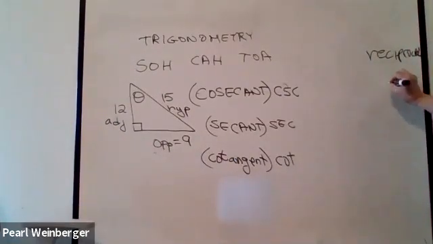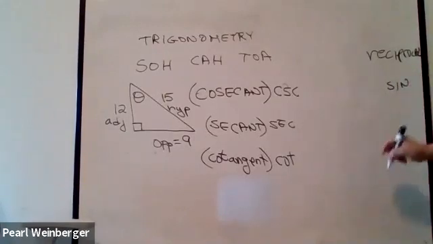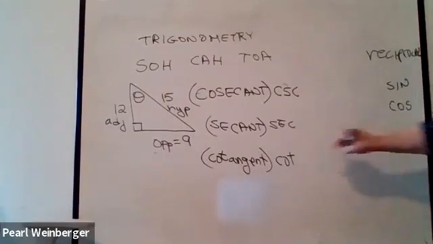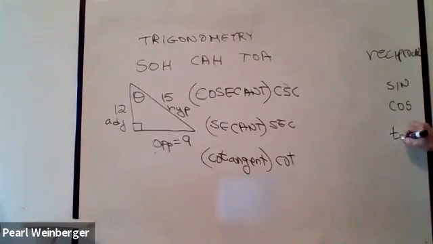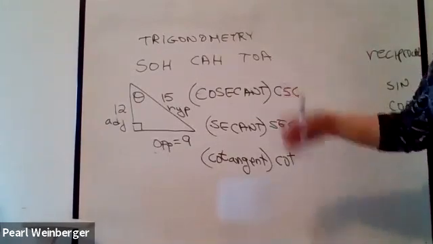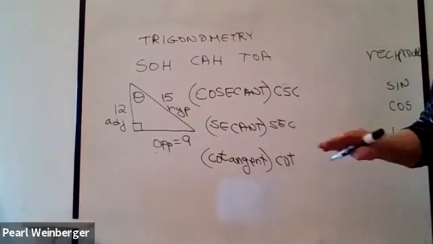The secant is the reciprocal of the cosine. And the cotangent is the reciprocal of the tangent. Remember what a reciprocal is. It's just the thing flipped over.